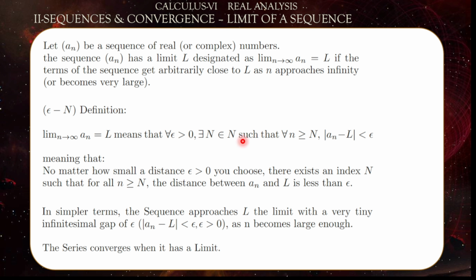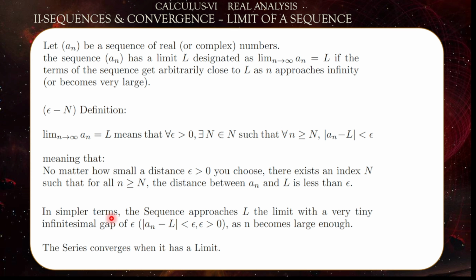As n approaches a very large value, to put it more simply and plainly, an approaches the limit in such a way that the gap or the difference between an, the sequence, at that value, capital N, and the limit itself becomes very small, less than epsilon. So no matter how small a distance epsilon greater than 0 you choose, there exists an index capital N such that for all n greater than or equal to capital N, the distance between an and L is less than epsilon.